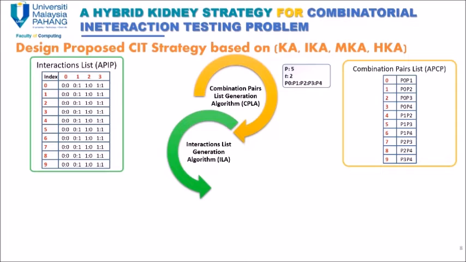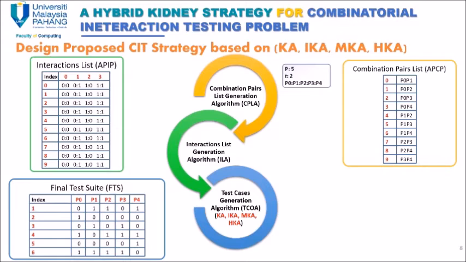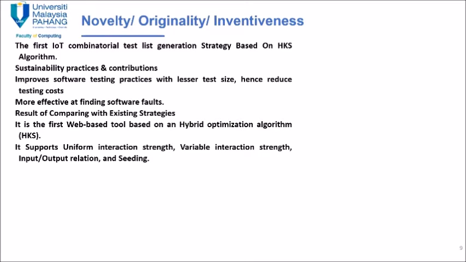After that we implement the algorithm to generate the optimum testless, for example here we generate only 6 test cases for this system that has 5 inputs.